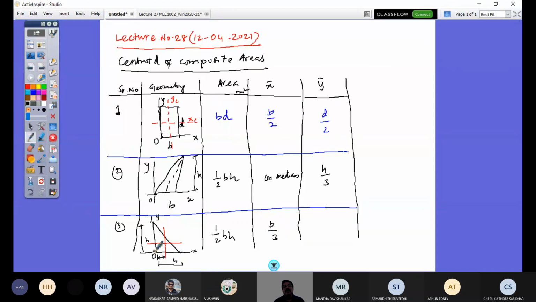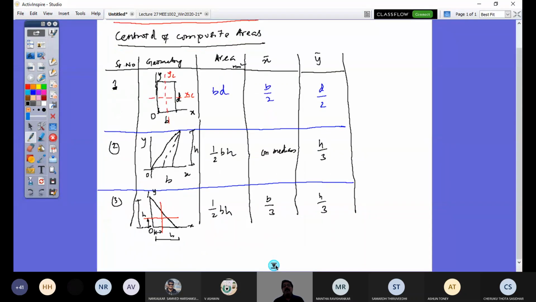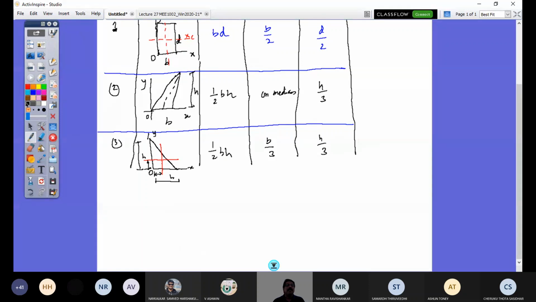And this height is my y bar, that is h by 3. Right? So this you should remember. If we continue like that, let us add some more standard sections. So let me extend this line.